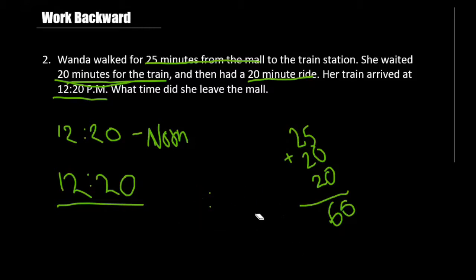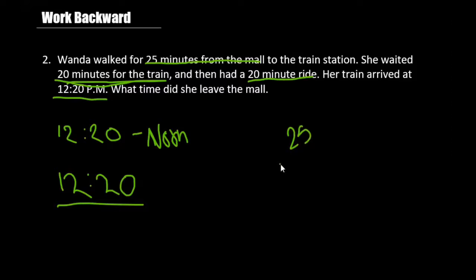Let me erase this because that's all wrong. So basically, we have to add 25 plus 20. 25 is the time she walked, and 20 minutes is the time she waited for the train. So 5 plus 0 is 5, and 2 plus 2 is 4, so 45.